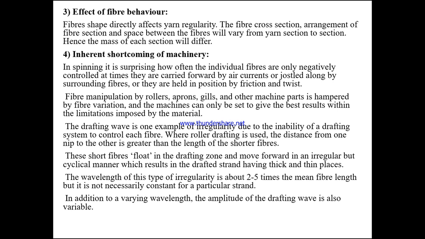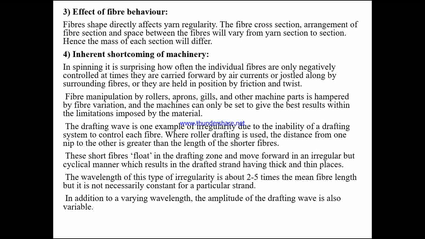Where roller drafting is used, the distance from one nip to the other is greater than the length of the shorter fibers. The shorter fibers, that's why, will be out of control and they will produce irregularity in terms of drafting wave. The short fibers float in the drafting zone and move forward in an irregular but cyclical manner, which results in a drafted strand having thick and thin places in a wave form.